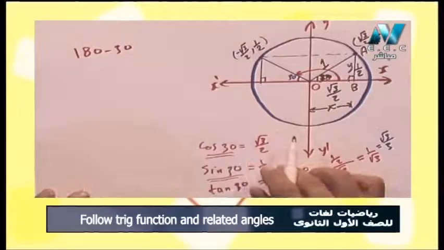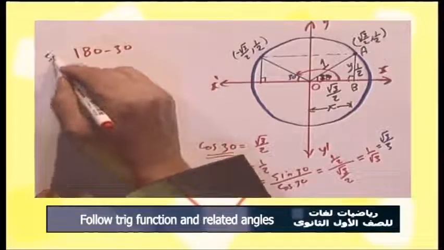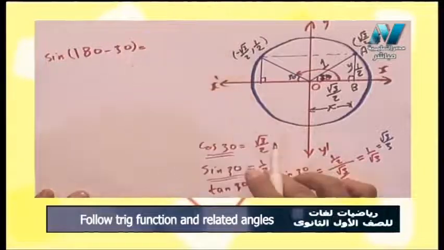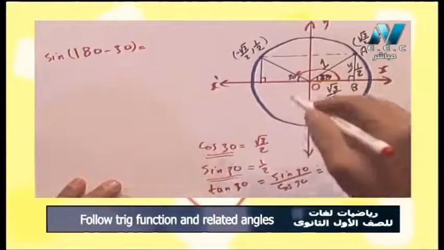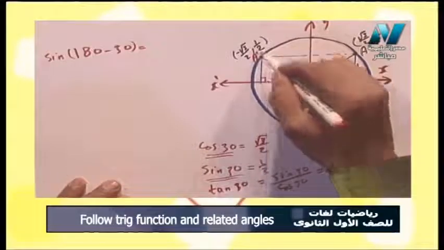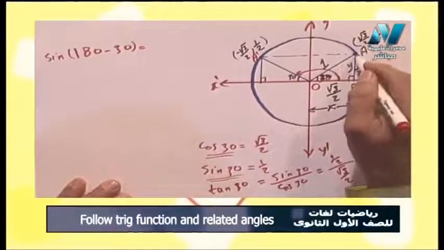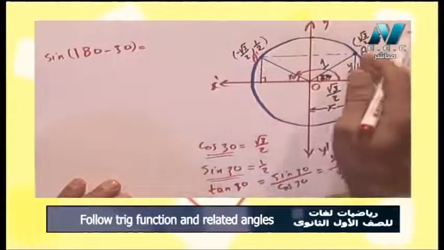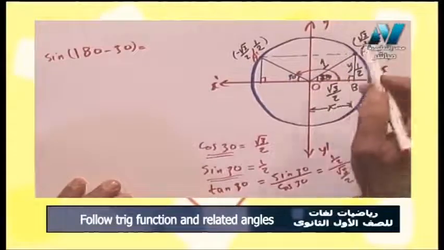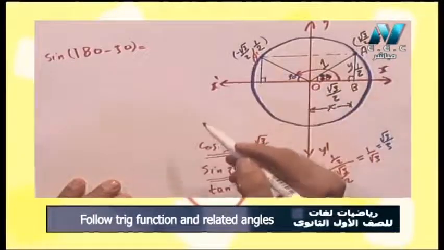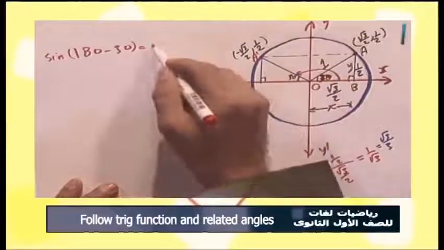So when we say what is the sine of the angle 180 minus 30, this angle, which has a terminal side OA dash here, we call this point A, so we can call this point A dash, and we reflect it on the y-axis, so we will deduce that we will change the positive root 3 over 2 to negative root 3 over 2. So sine here will be half.